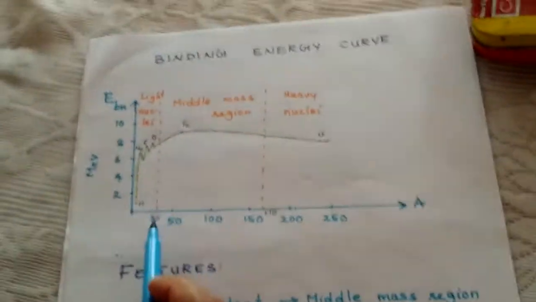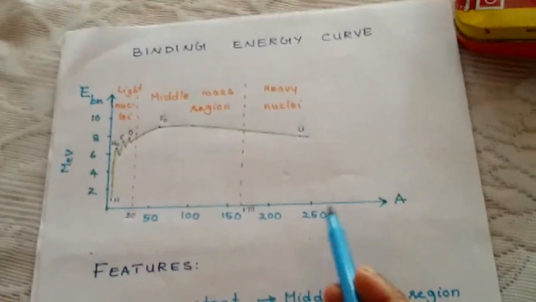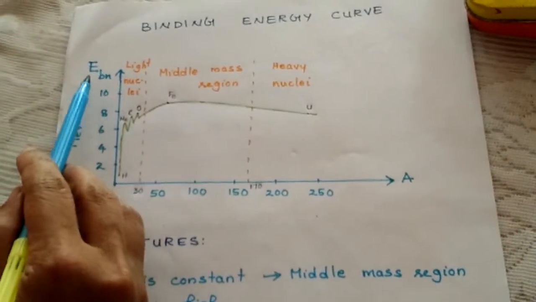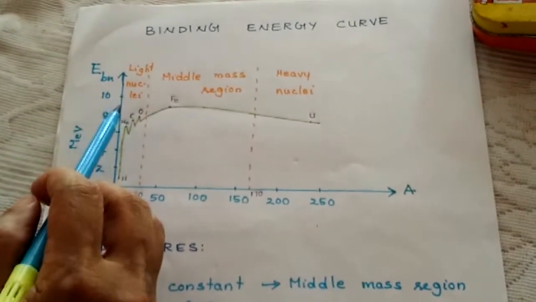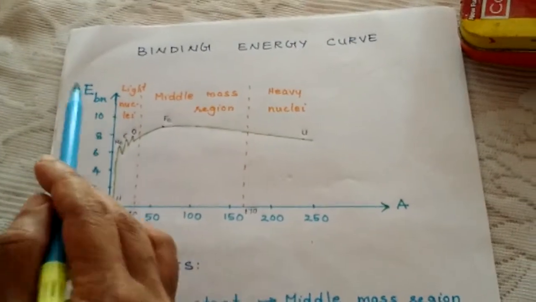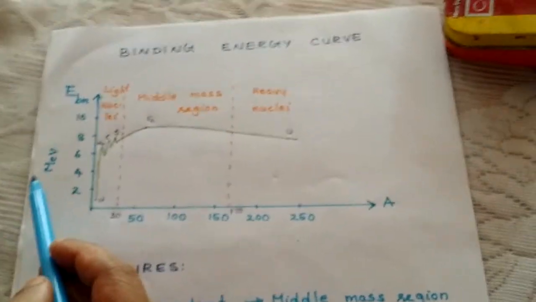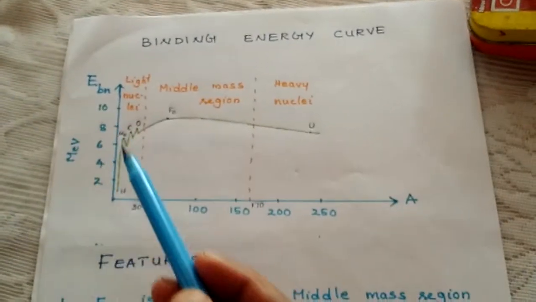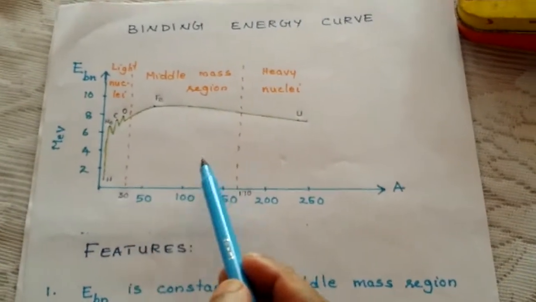Now let us see the binding energy curve for different nuclei. Mass number is taken along x-axis and EBN, binding energy per nucleon, is taken along y-axis. It is expressed in mega electron volts. And this curve has 3 regions.